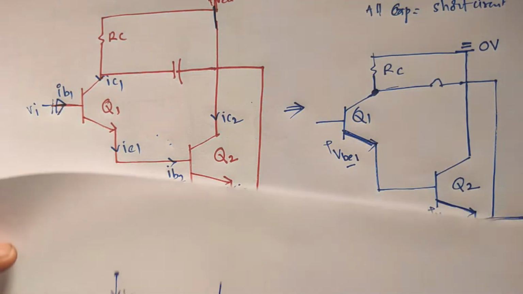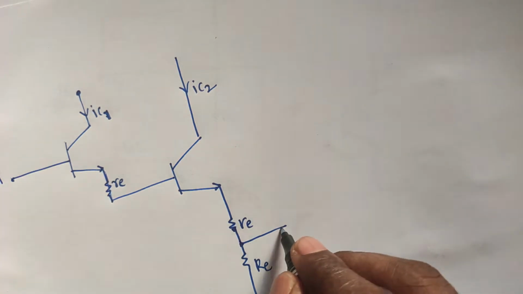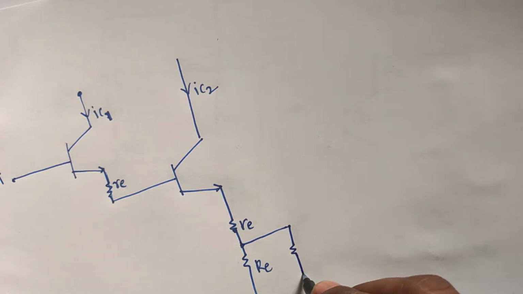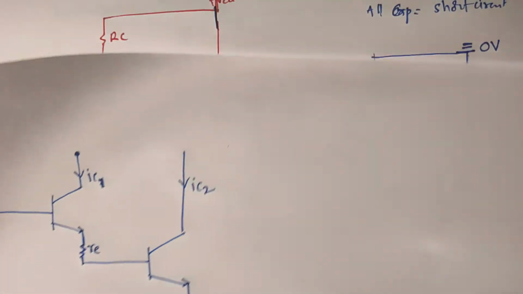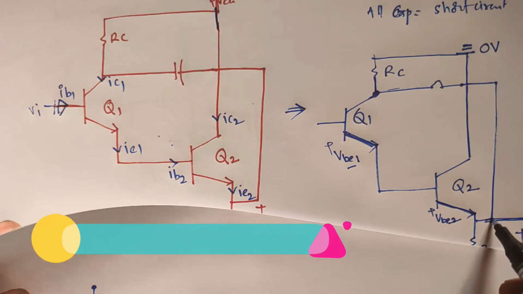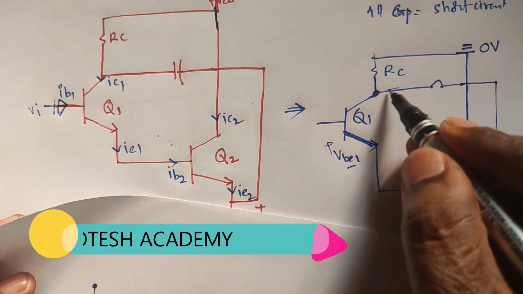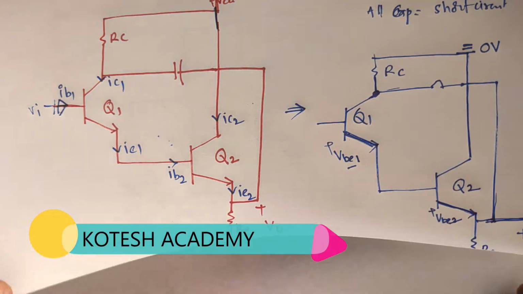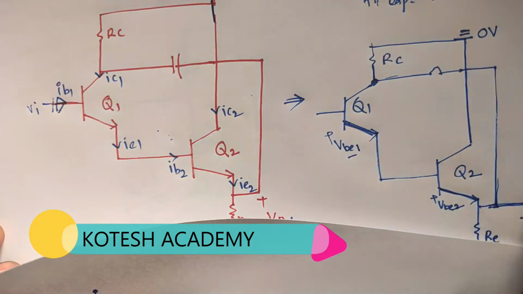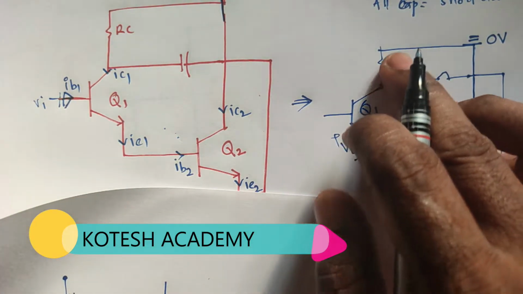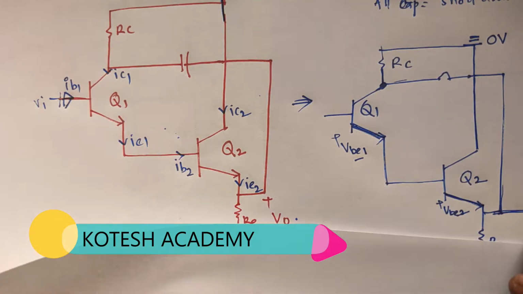So that's why the same element is connected from this. Both values are the same. Like that, here the emitter and collector values are the same, that is the RC value connected to ground.